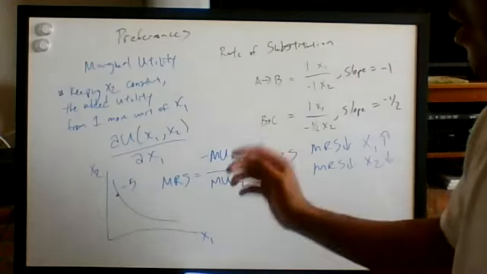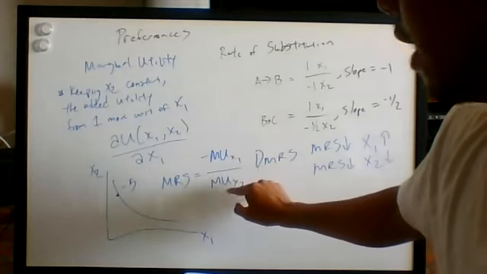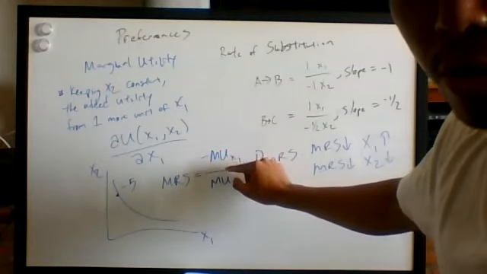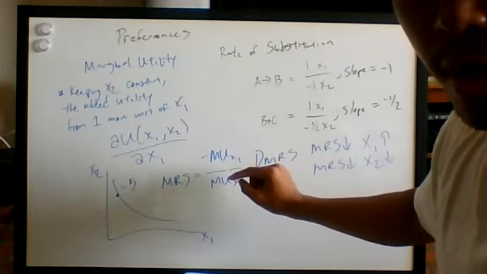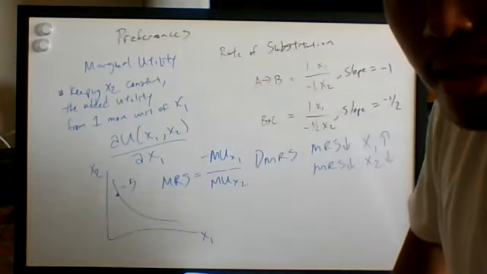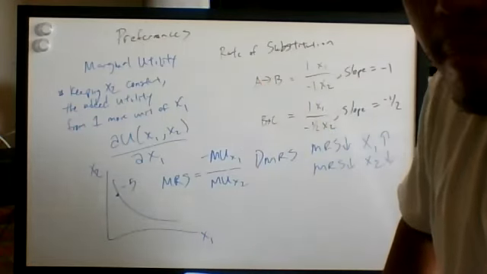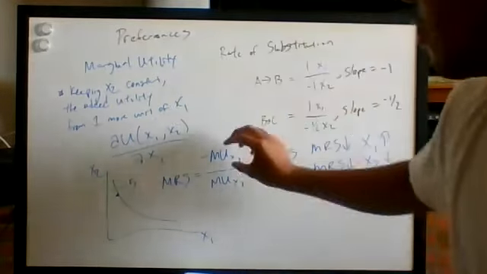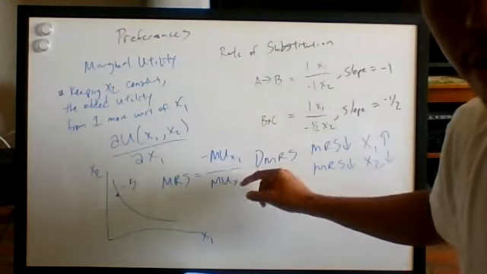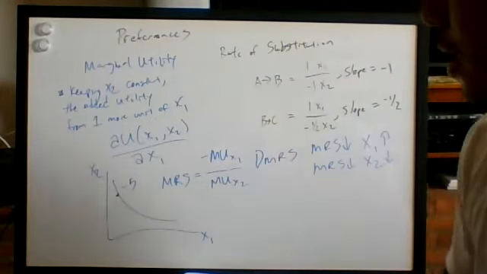But in essence, what this means is that I need 5 units of good 2 for every 1 unit of good 1, in order to preserve that utility. Does that make sense? How that kind of backwards organization of x1 over x2 instead of x2 over x1 makes sense, right?